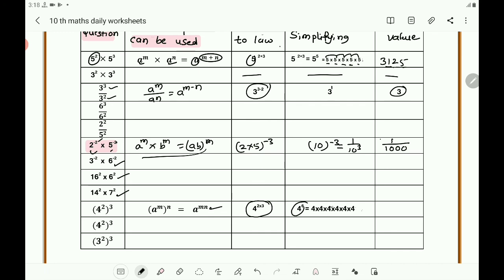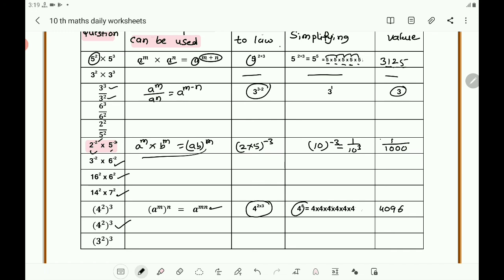Then find the product here. 4 fours are 16, and 16 into 16 is 256, 256 into 16 gives 4096. So you got the product, the value 4096.